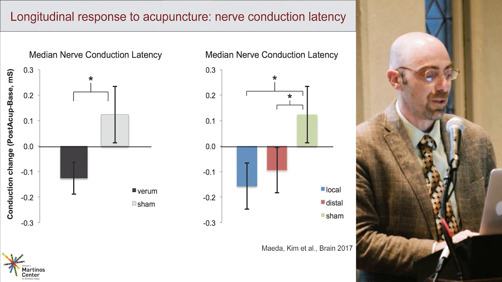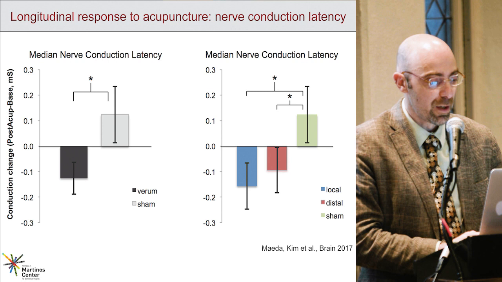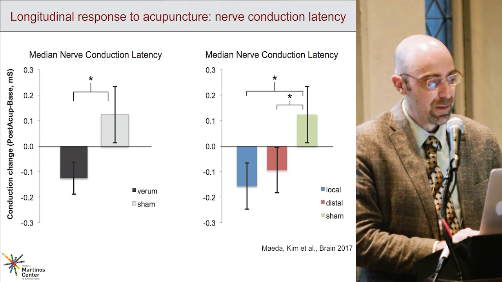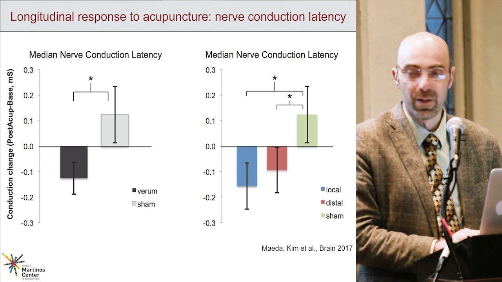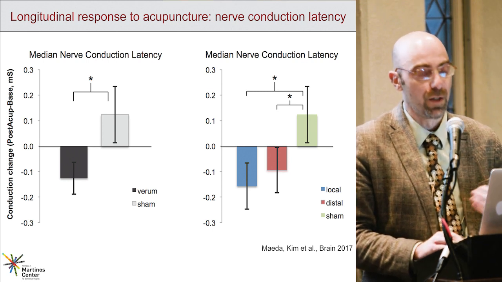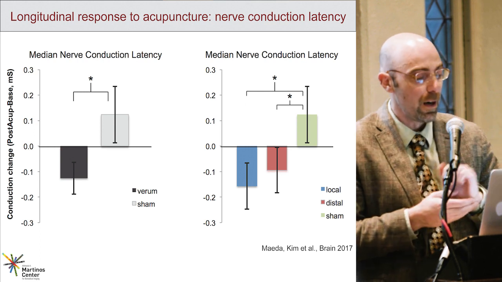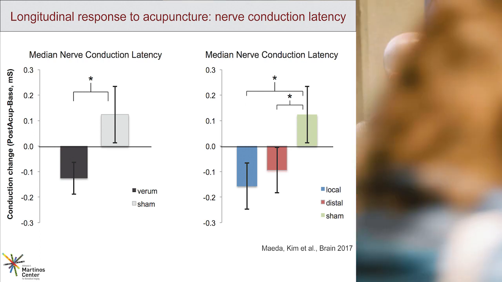The latency was actually increasing after the course of the therapy. And broken up into the local and the distal groups, there was a statistically significant difference for both of them relative to the sham group. So both of them were actually improving these objective neurophysiological findings, the health of the median nerve at the wrist.